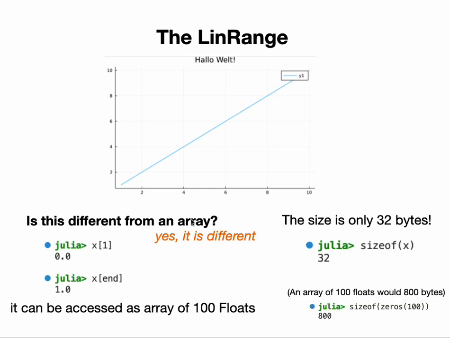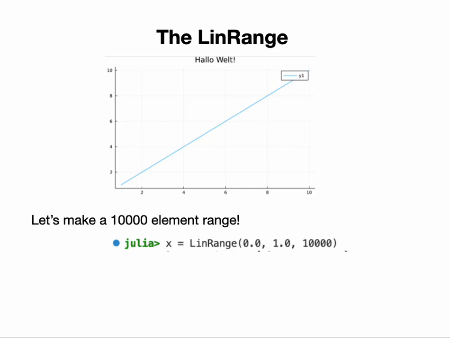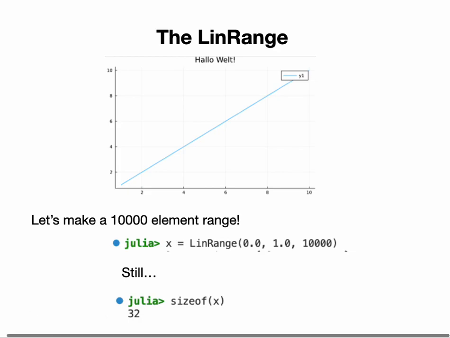So yes, it's different than an array. If you would make an array of 100 zeros, floating type here, the size would be 800. And if you make a range with 10,000 elements, the same range as before, still the size of x is 32 bytes.